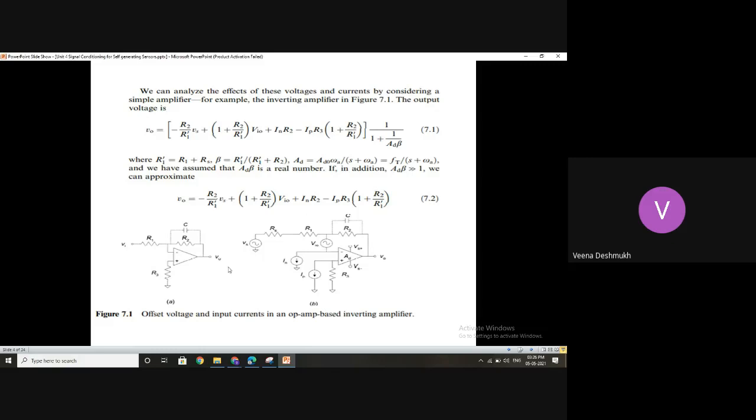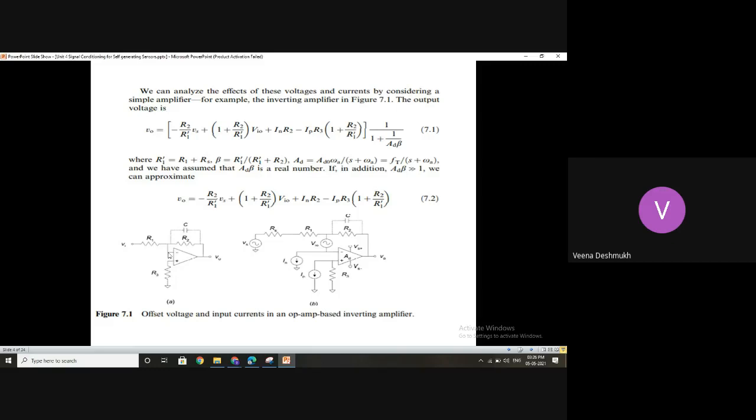Now, in the ideal case, what is going to be the output equation? For this circuit, the output equation VO can be written as this, where R2 by R1 is the simple inverting gain with a minus sign, into Vs. So this is the contribution by this source.